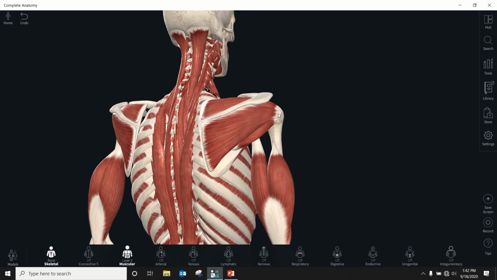So tendons are indirect attachments, and you can see the indirect attachment over here, where infraspinatus inserts at the greater tubercle. And then you've got direct attachments over here along the spine of the scapula and then along the medial border, where those layers of connective tissue fuse directly with the bone. All right, so that's those.